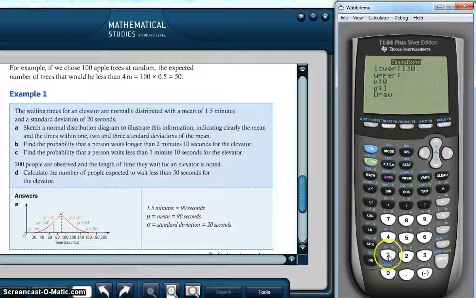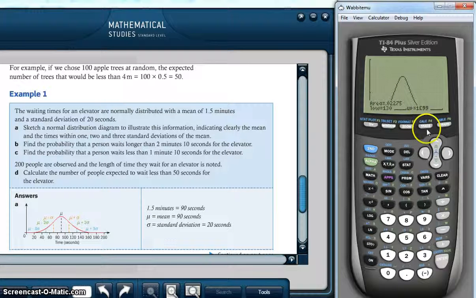My upper bound is 1 times 10 to the power of 99. My mean, we said, was 90, and my standard deviation is 20. Okay, and you can see right there it shaded it, and then it gave me the area. Okay, but you could see that it's shaded over on the side.